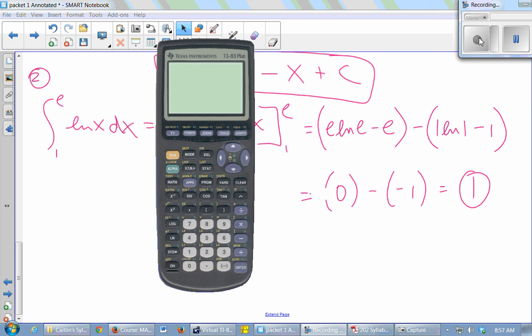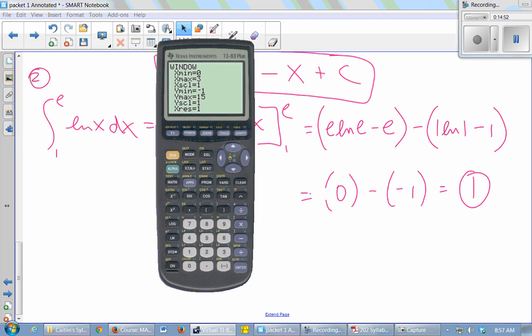Let's check. Okay, so I want to find the area under ln x from 1 to e. So for the window for ln x, if I'm going from 1 to e, maybe I'll go like 0 to 3. And then for y, the ln of 1 is 0, and it's going to go up to the ln of e, which is 1.